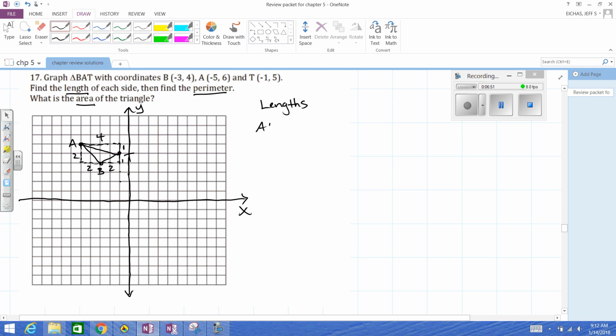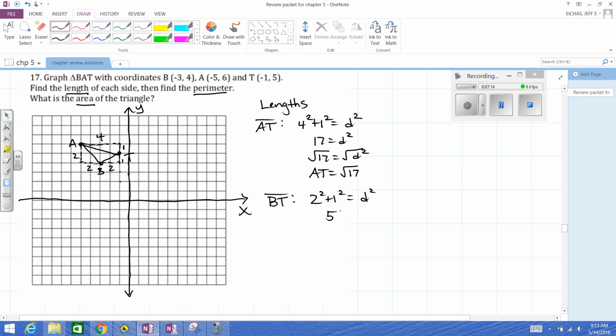Okay, so AT, we're going to use Pythagorean theorem. It's 4 squared plus 1 squared equals D squared. So AT equals the square root of 17. BT, 2 squared plus 1 squared. BT, okay, and AB.